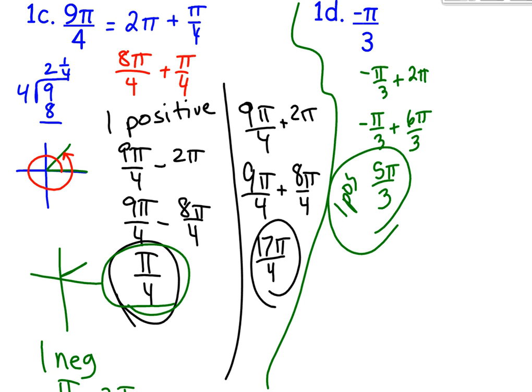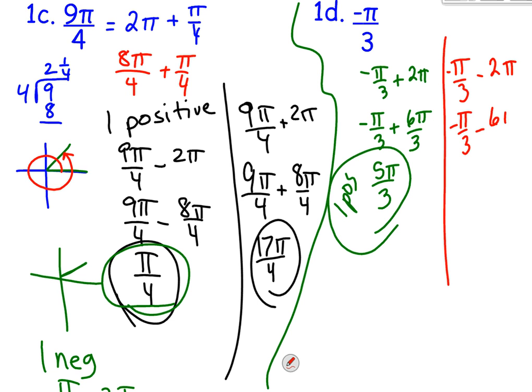And then for my one negative, since it's already negative, I can't use that one, but I'll subtract 2 pi from negative pi over 3. So negative pi over 3 minus 6 pi over 3, and I get negative 7 pi over 3. So there's my one negative answer.